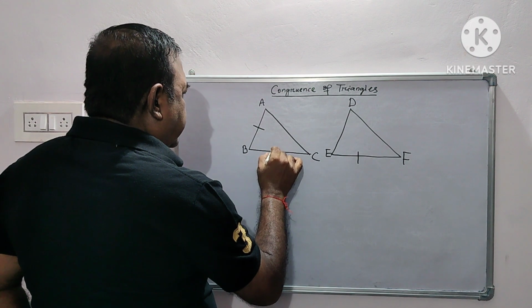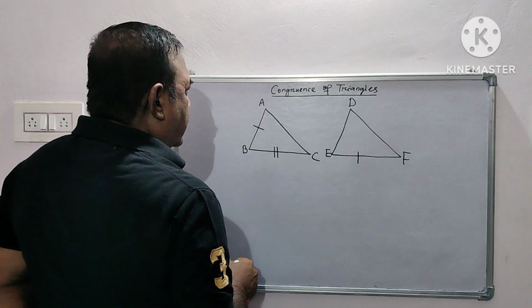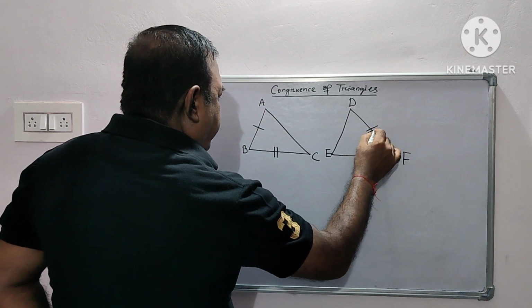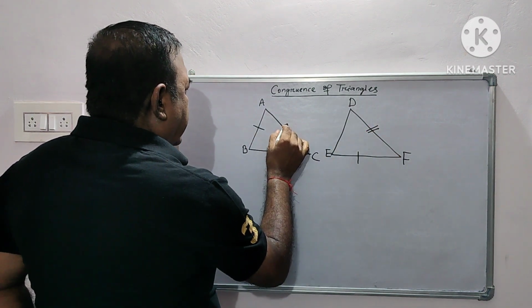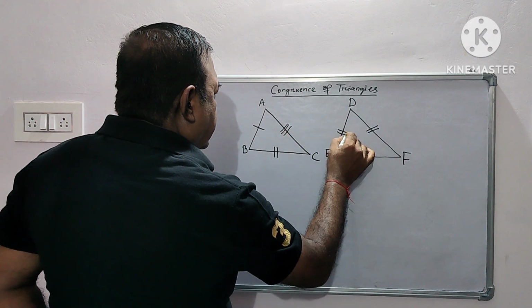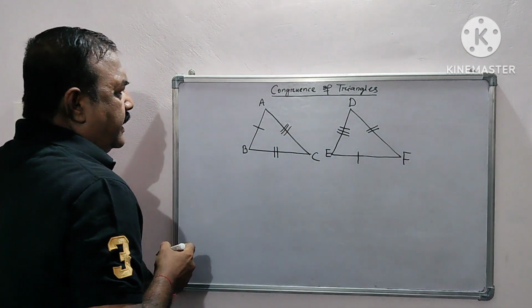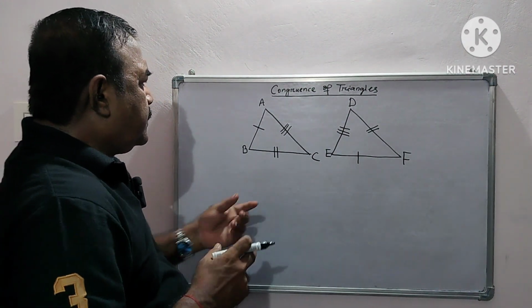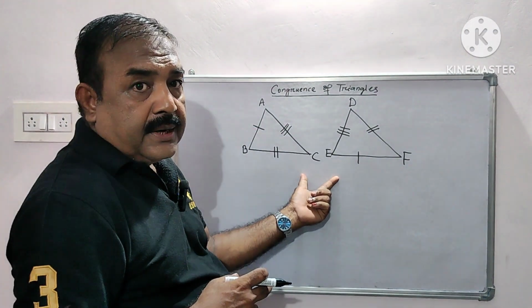The length of BC is equal to the length of DF, and the length of AC or CA is equal to the length of DE or ED. Suppose both the triangles are congruent.